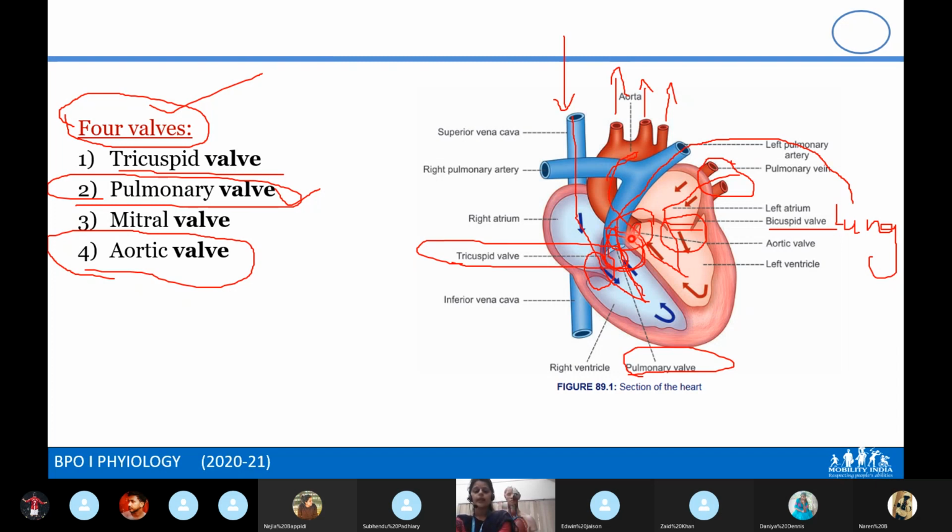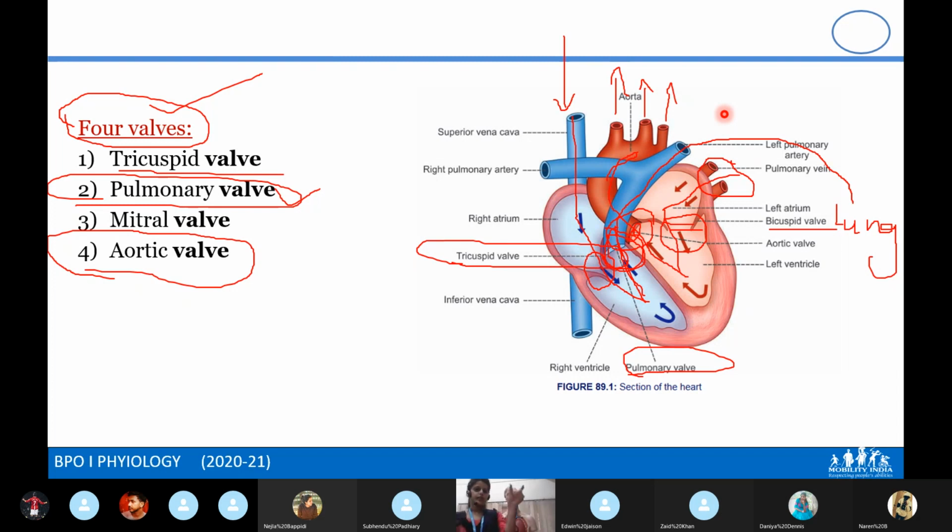Here the aortic valve opens and the blood will be forced out into the artery, that is the arch of the aorta. So with that force, blood will be ejected from the heart. It supplies to different parts of the body.